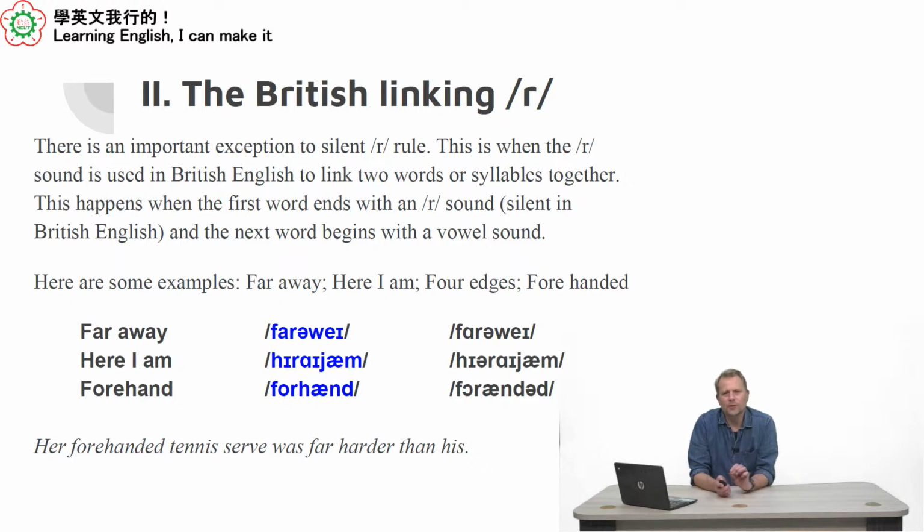The R returns in some cases where a word ends with an R, but the next word or syllable starts with a vowel. Then an R gets inserted between those, and that's called the linking R. So it links the two words together with an R sound.